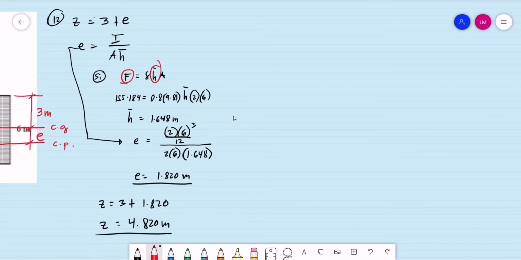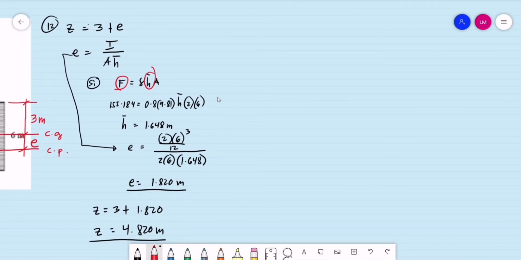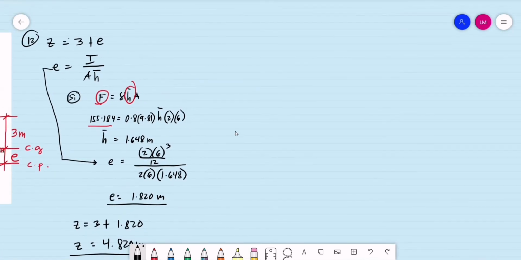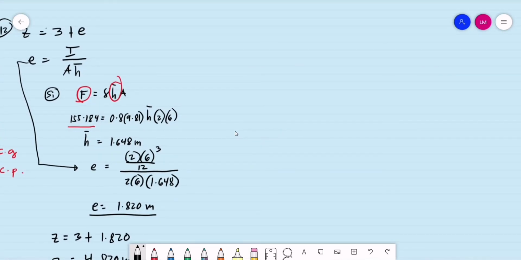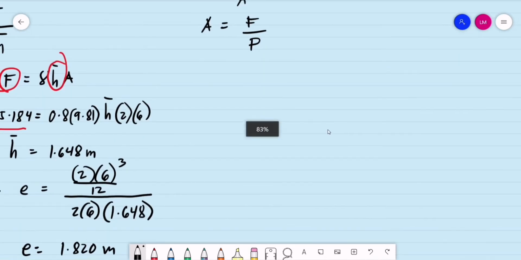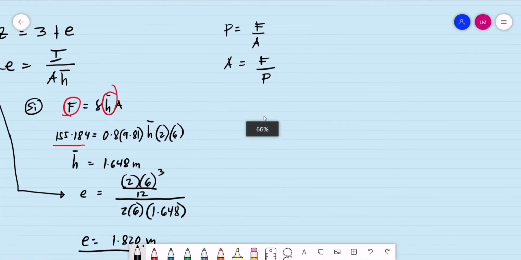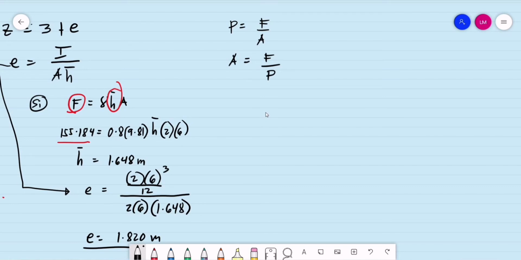Pero non-existing yung bar H na yan, imaginary, equivalent lang dahil sa force na 155.184. Yung isang solution naman dito, kung i-recall natin yung basic equivalent ng pressure, yung pressure is the force divided by the area. Or the equivalent of the area is equal to the force divided by the pressure. So sabihin na lang natin na yung area na to is yung area ng gate. I-substitute natin yung equivalent ng area na yan dun sa formula ng eccentricity.